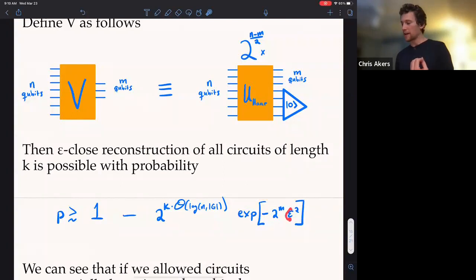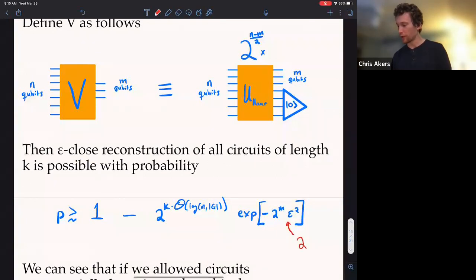And epsilon, that's going to be your reconstruction error. So if epsilon gets really small, then that can kill this term, that can make it close to 1, which would be bad. But you can make it, say, exponentially small in m and still have this be doubly exponentially small in m, if that makes sense.